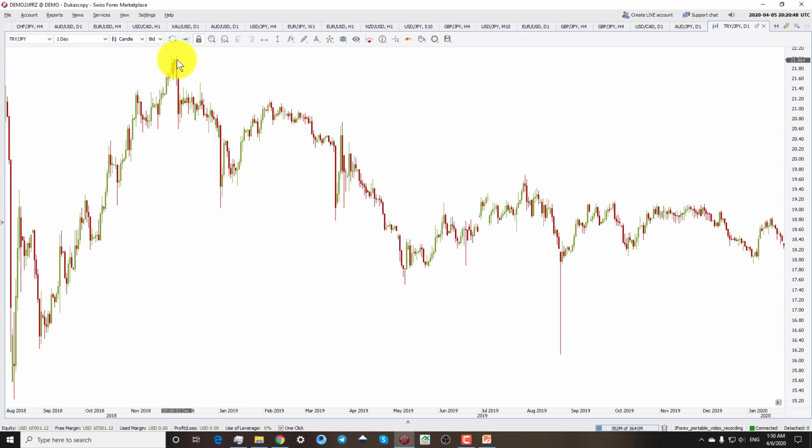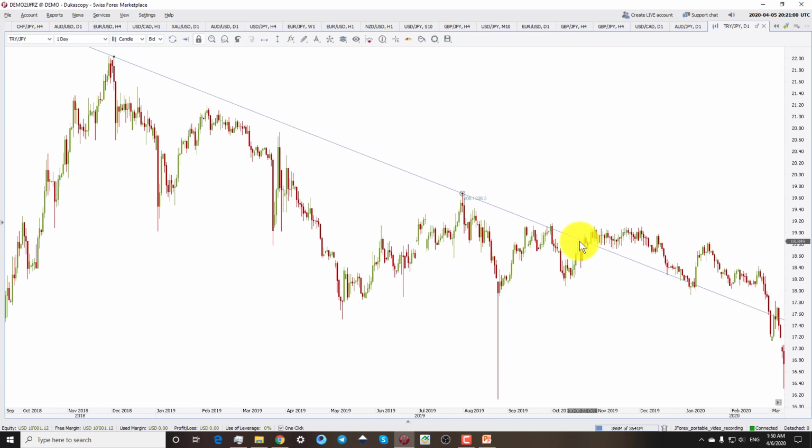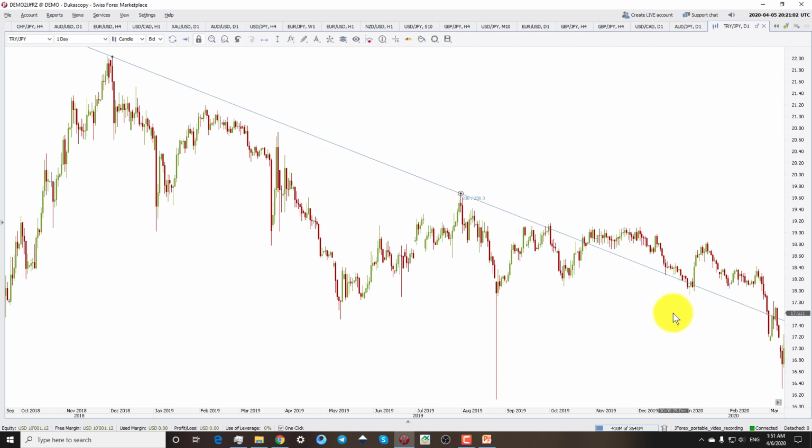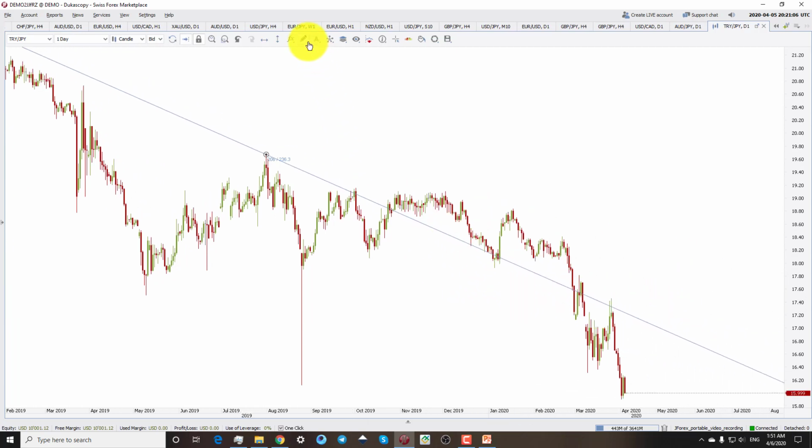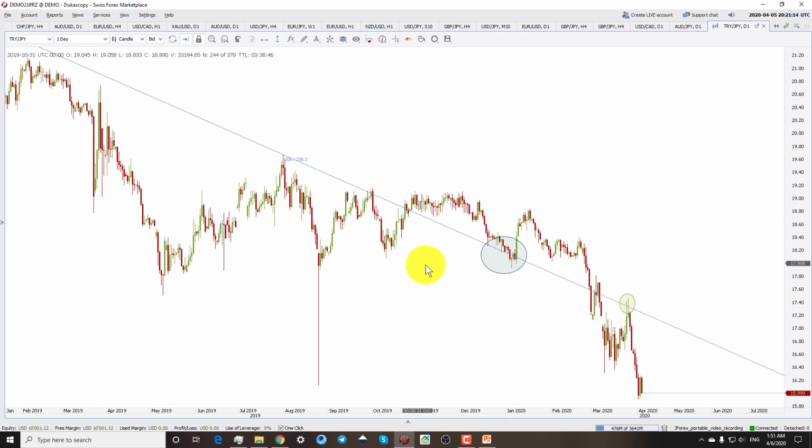My good friend Miha also says, FX Passion also says that the wicks should not be cut, but I say that wicks can be cut to a certain level to give you valid trend lines, because a retest or a test of the line is more important than cutting the wicks.